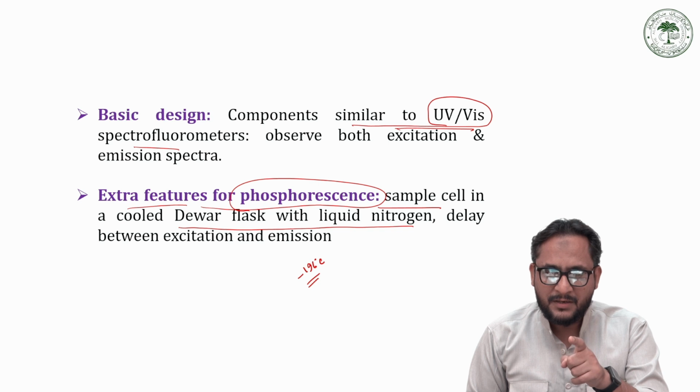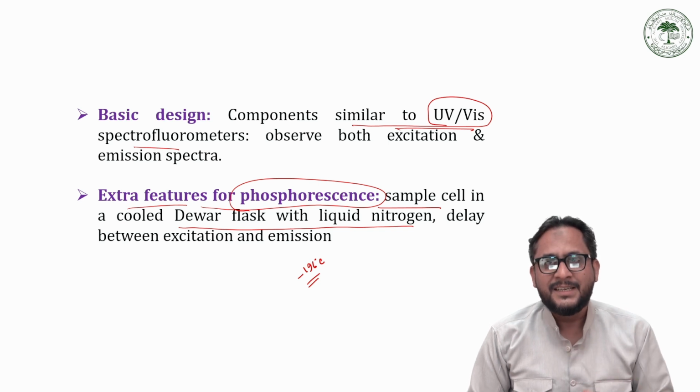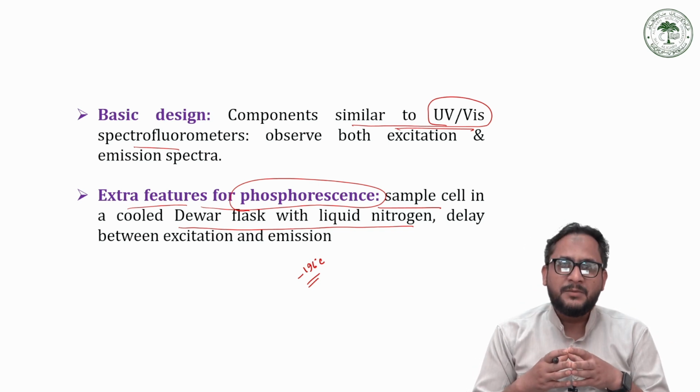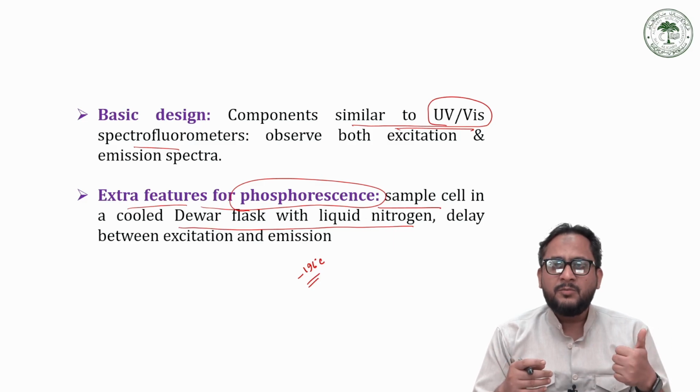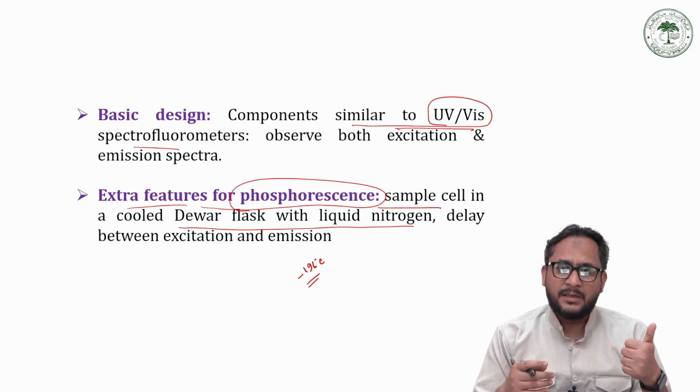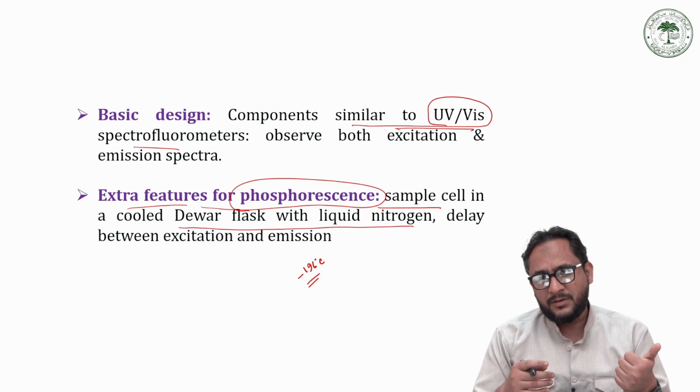I hope you remember that we discussed this when we were discussing ICP, and I told you that a large volume of argon gas at high flow rates is required for ICP because it is used for three purposes: as a coolant, as an auxiliary gas for creating plasma, and for creating aerosol.